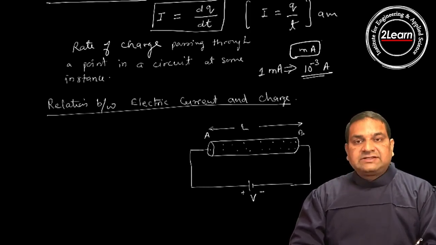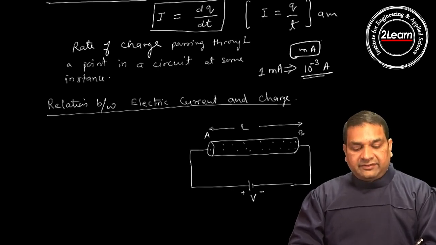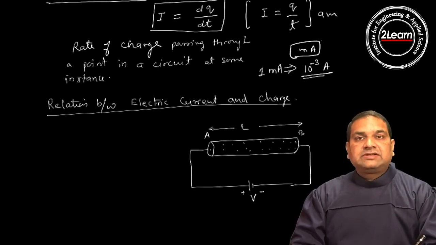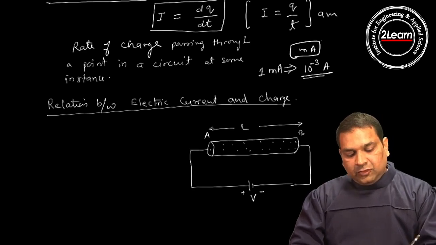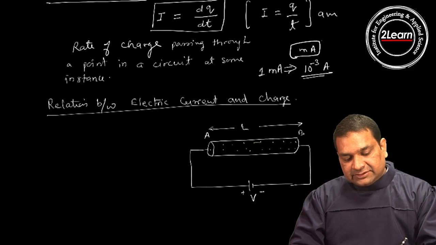On applying this external battery, these electrons start moving from low potential to high potential, so there will be a movement of these electrons in this direction.